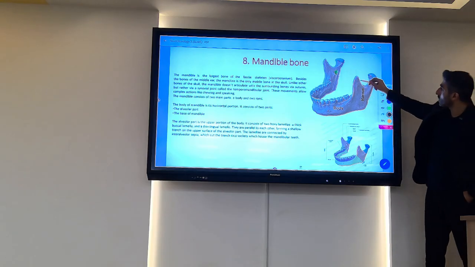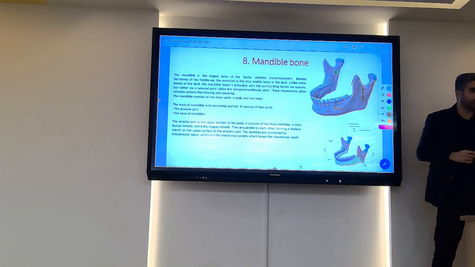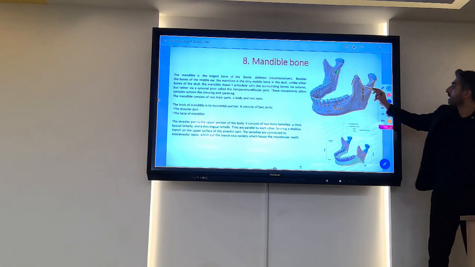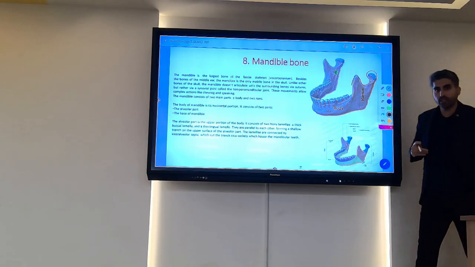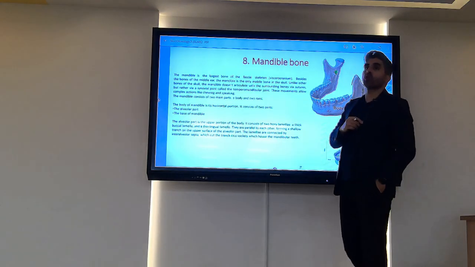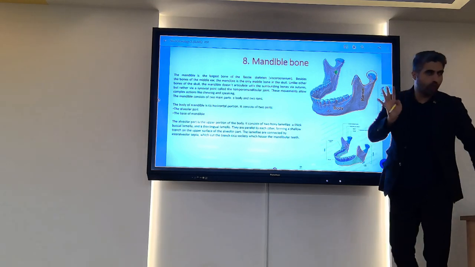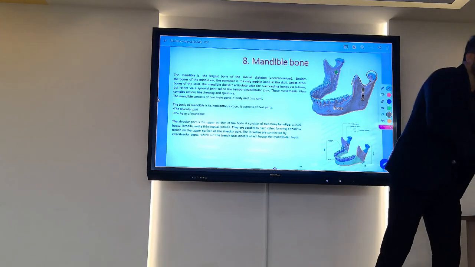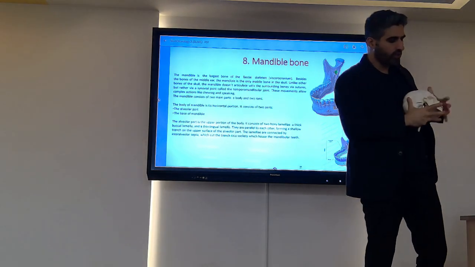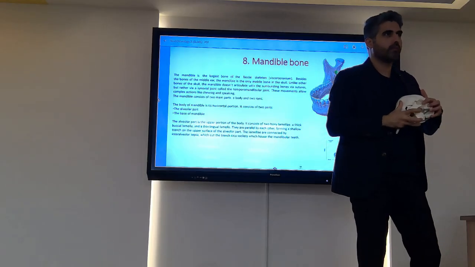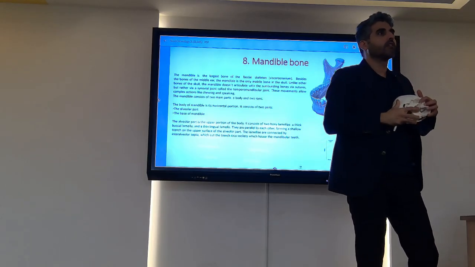The anterior process is coronoid process. So we have condylar process and coronoid process. What about coronoid process? It's free. It doesn't attach to anywhere. Look at here, this is coronoid process. Very good.